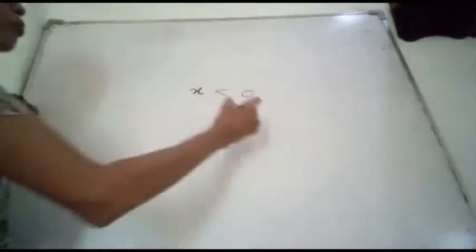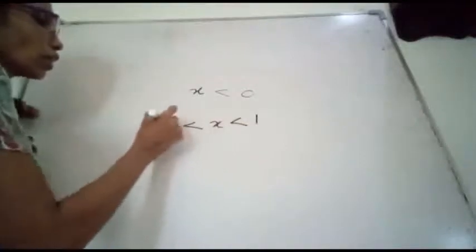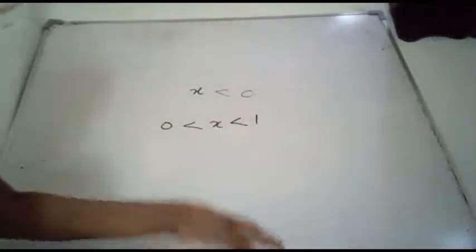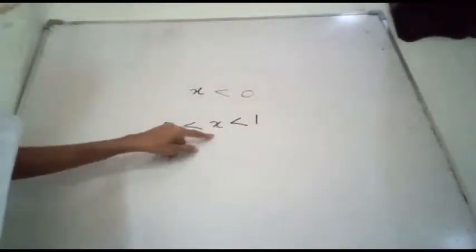The minimum value of the graph is -1. x is greater than 0 and less than 1.